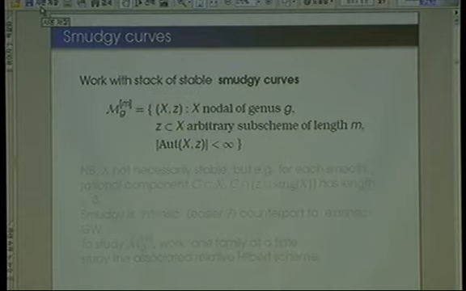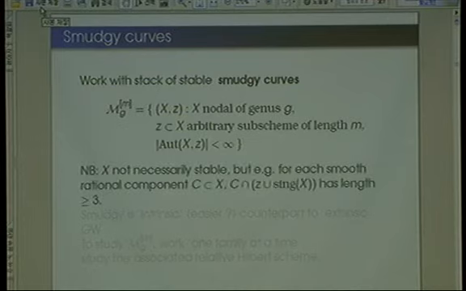And their moduli space or stack. This parameterizes pairs consisting of, firstly, a nodal curve of arithmetic genus g, together with an arbitrary subscheme of length m, such that the automorphisms of X fixing Z are finite.